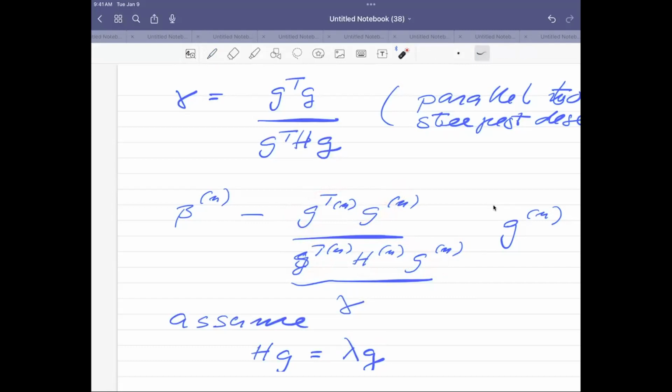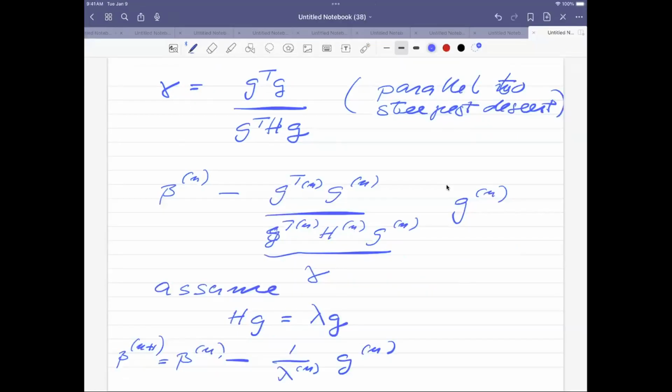So if this is the case, what I get is that this gamma of n is simply 1 divided by lambda of n. Sorry, that was a little bit wrong, what I wrote here. So the next iteration, beta of n plus 1, is equal to this quantity here.